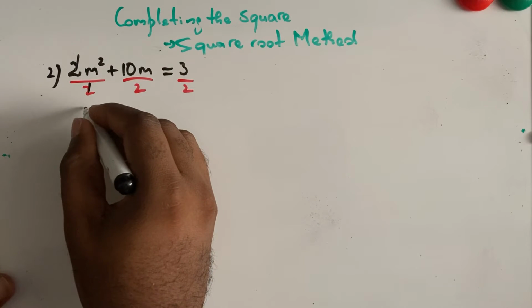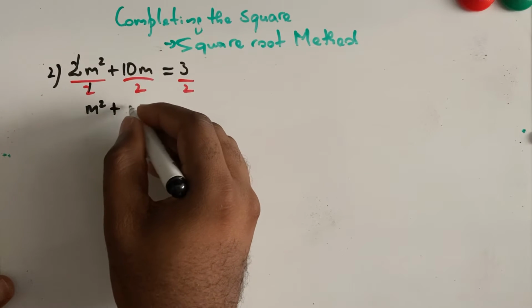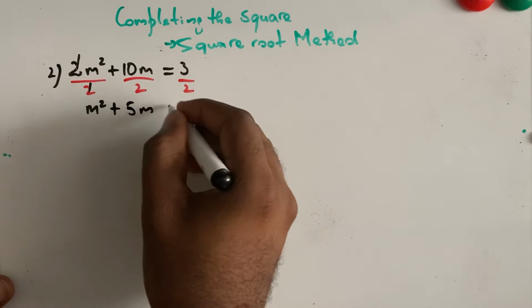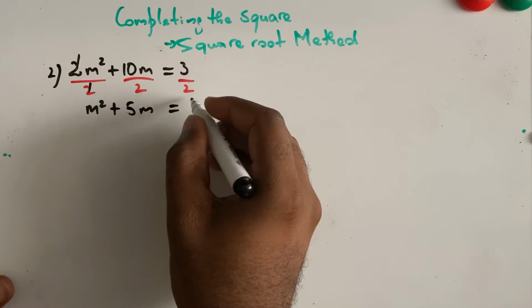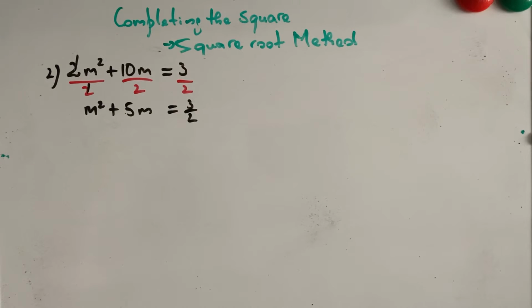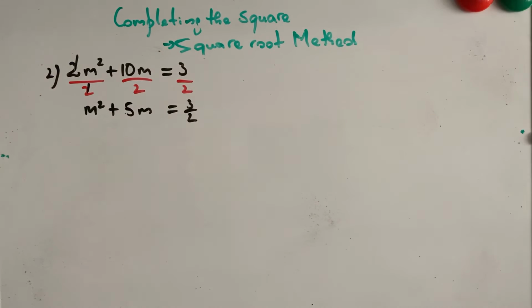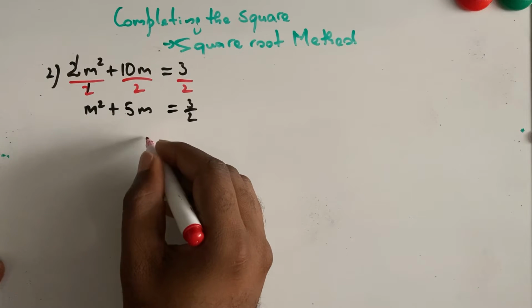So you have m squared plus 10 over 2 is 5, so 5m equals 3 over 2, okay? Now, the thing here is that you don't have the c to complete the square again. So let's make it up, right? Let's get a value c here.